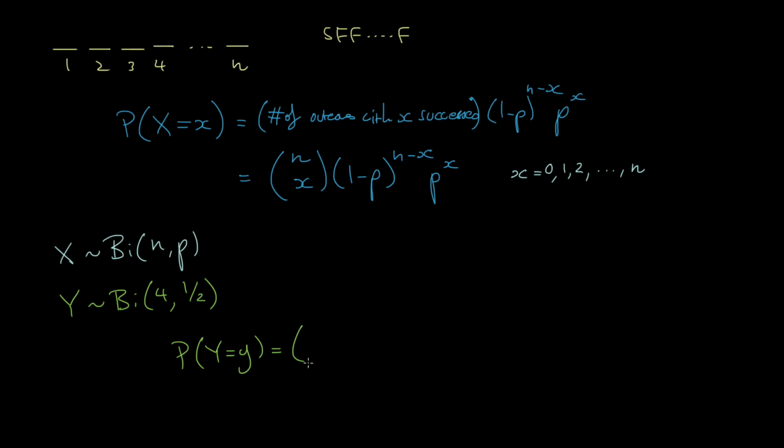And that's going to be 4 choose little y, the number of ways that we can choose y successes from 4 possible trials, multiplied by 1 minus 1/2 to the power of 4 minus y, multiplied by 1/2 to the power of y.